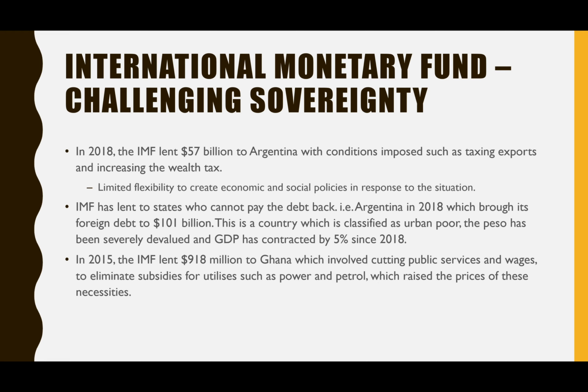So this means that states must have some faith in the IMF. They must in some way think that the IMF is good. And so by asking the IMF for help, they are allowing their own sovereignty to be challenged. So we have to remember that yes, the conditions are harsh, but states are still asking the IMF for money, so they must still want it.